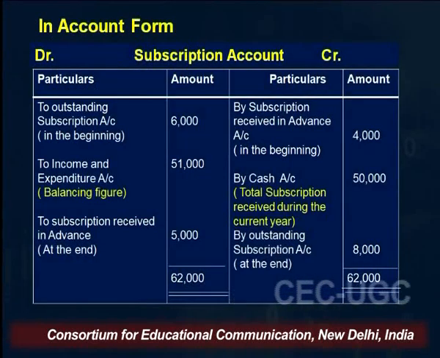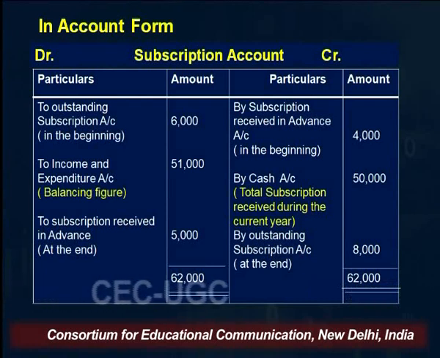If we prepare this subscription account, we calculate the subscription with the help of this account. While preparing this subscription account, outstanding subscription in the beginning of the year is shown on the debit side. Since any income which is outstanding, which is not received, is an asset, and all assets have a debit balance, it is shown on the debit side.